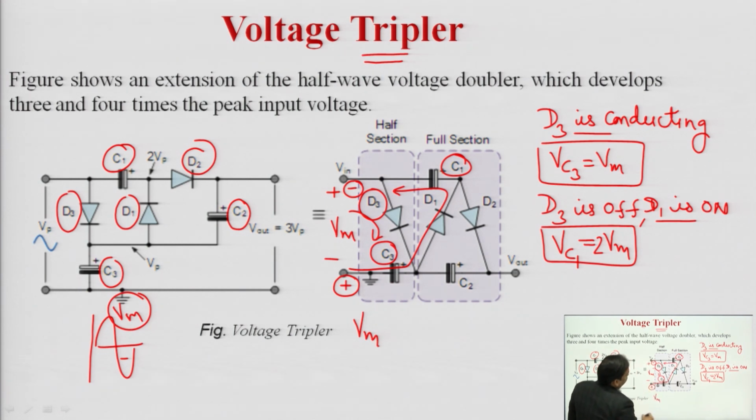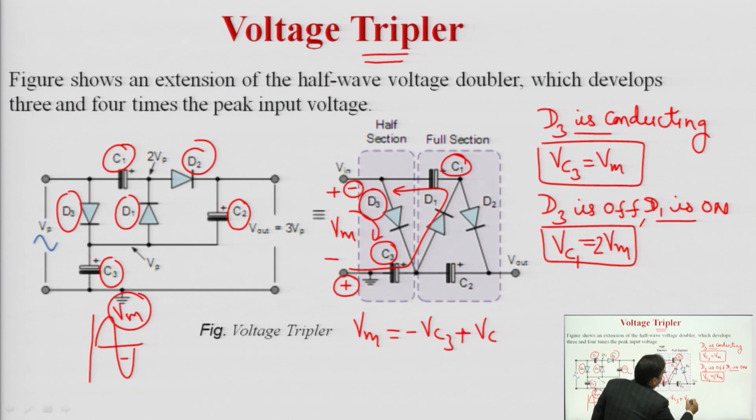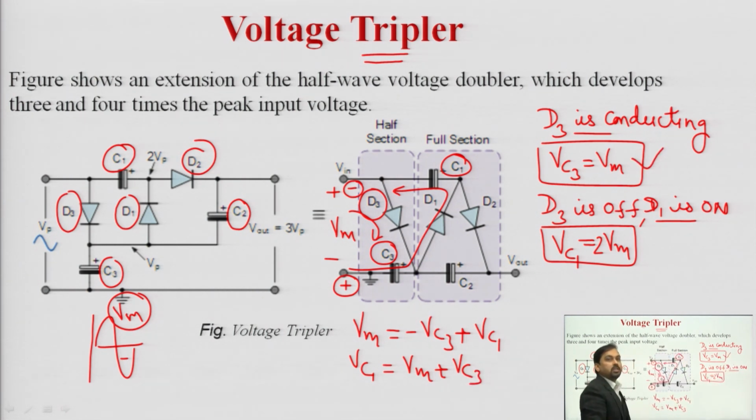The input Vm equals minus Vc3 plus Vc1, and Vc1 equals Vm plus Vc3. We have already calculated Vc3, which was equal to Vm. So this Vc1 is nothing but 2 times Vm. So this capacitor was charged to 2 times Vm.